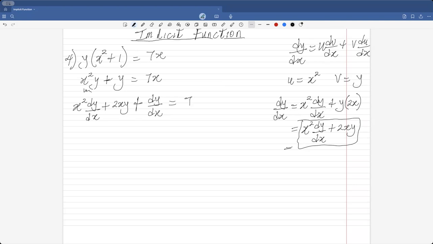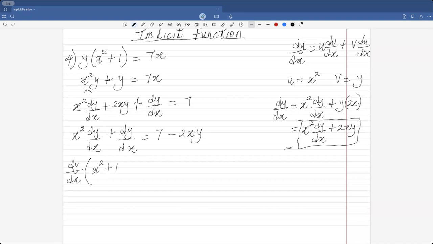And we want to isolate the dy/dx. So we have x squared dy/dx plus dy/dx equals 7 minus 2xy. So dy/dx, open parenthesis, x squared plus 1, close parenthesis, equals 7 minus 2xy.